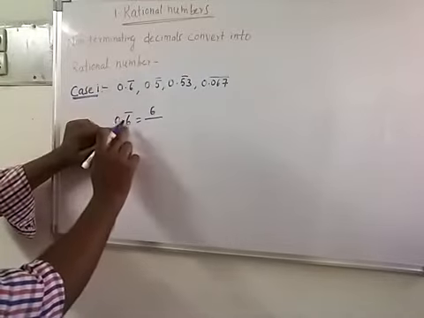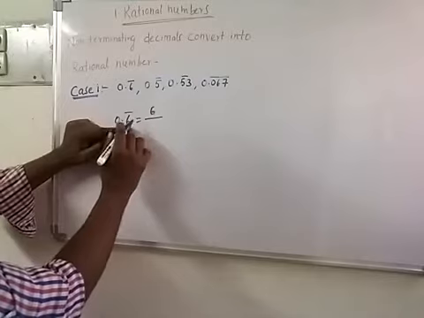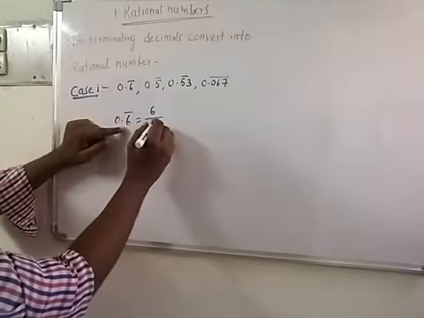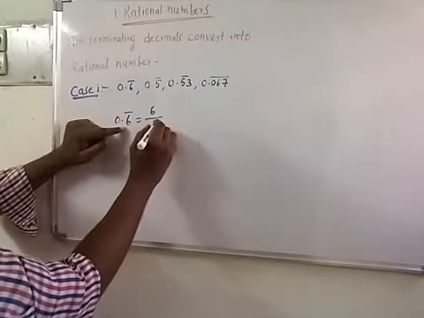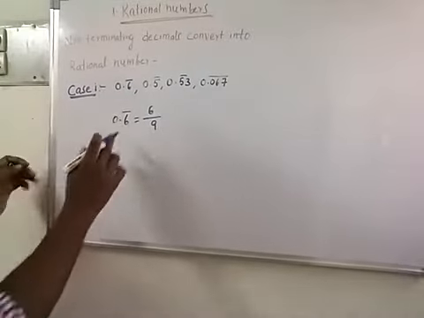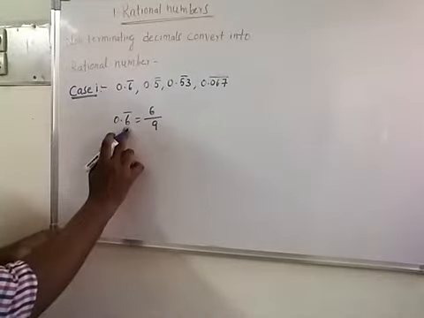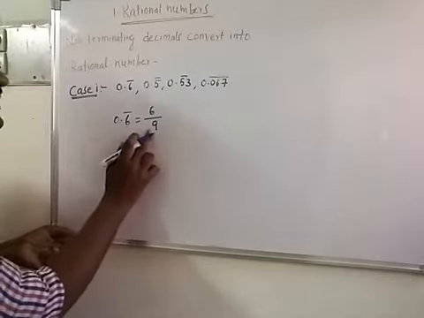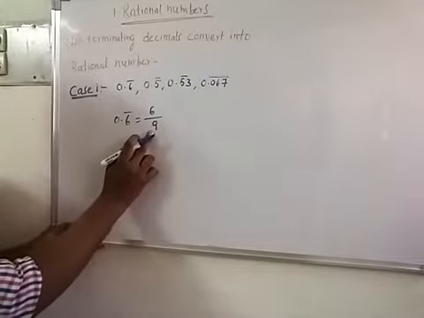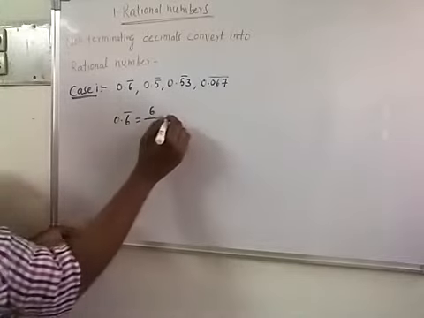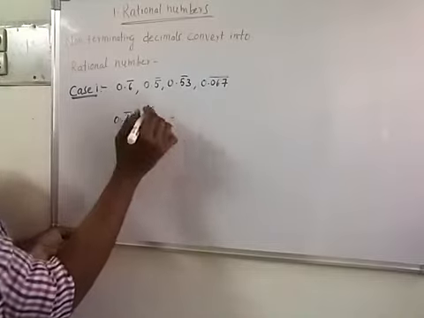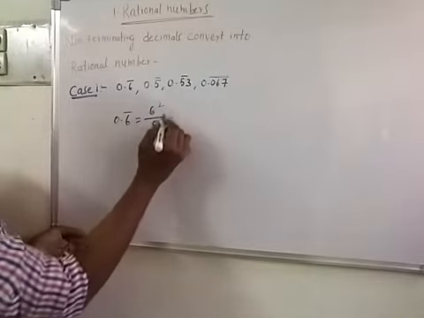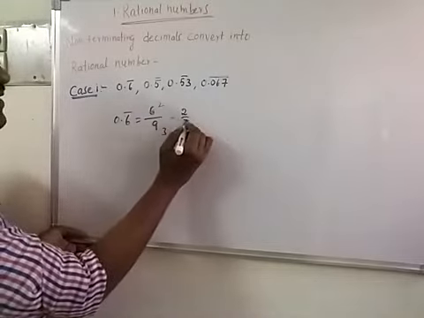Only one number, 6, is repeated, so we take only one 9. That is 6 by 9, which cancels with 3 to give 2 by 3.